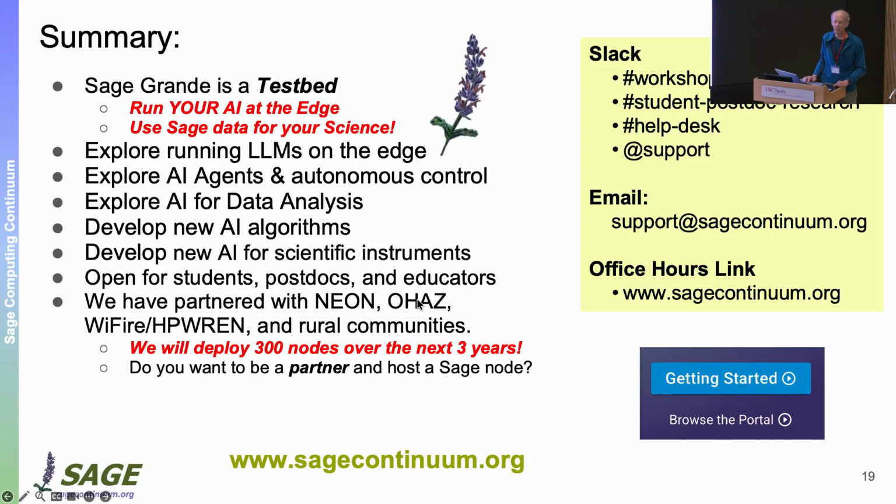NEON, as an example, in Oregon, we have an agriculture network. I think we're going to be working with Eva and team, that's in Colorado, looking at drought. And so if you have a group that is interested in deploying SAGE nodes, in other words, the GPU and hooking it up to sensors, you should also come talk to me.